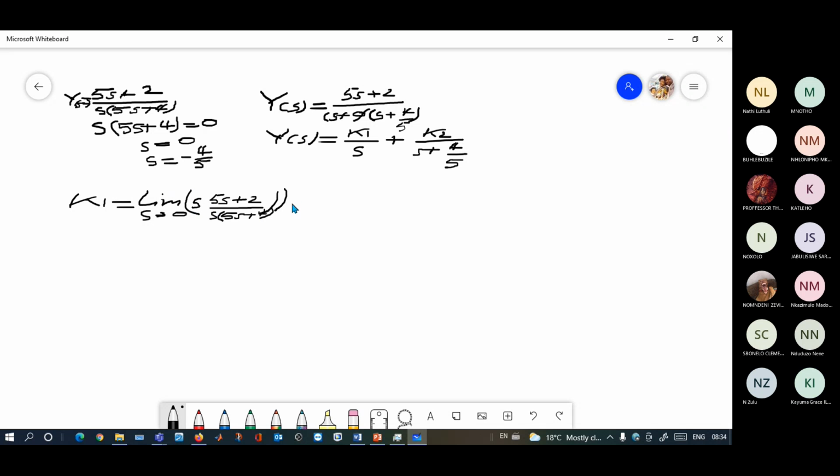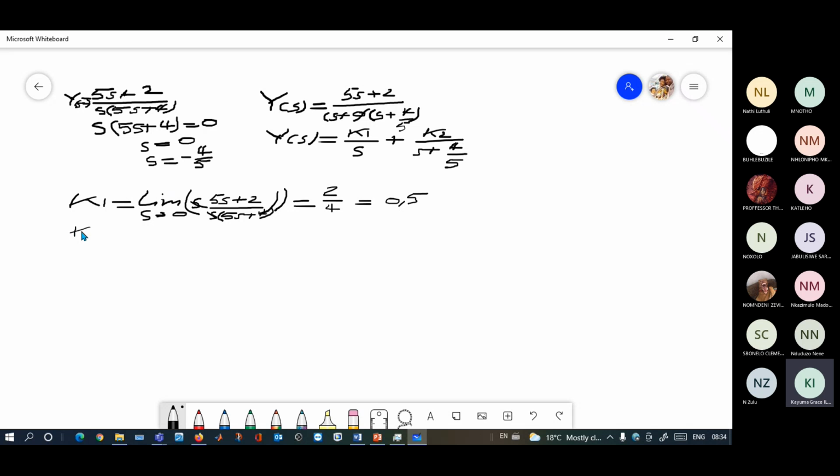So this is going to be equal to, the s and that s can cancel themselves. Then we're going to have 0 there and 0 there, and then we have 2 over 4, which is equal to 0.5. Okay, that is easy.